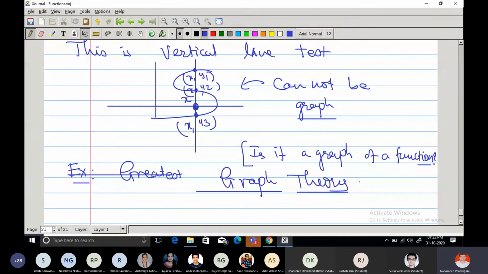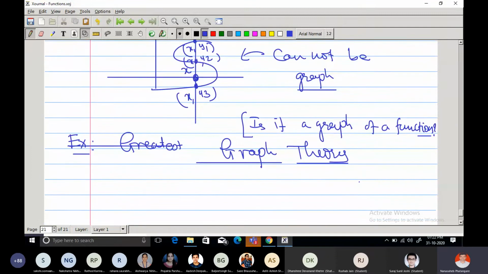You can search on Google what graph theory is. It is a huge branch and it has lots of applications everywhere: computer science, physics, space science. And in that case, graph is again a different thing. But here we are talking about the graph of a function, because at the back of our mind there is the definition of a function, the concept of a function. In that context we are talking about the graph, right?